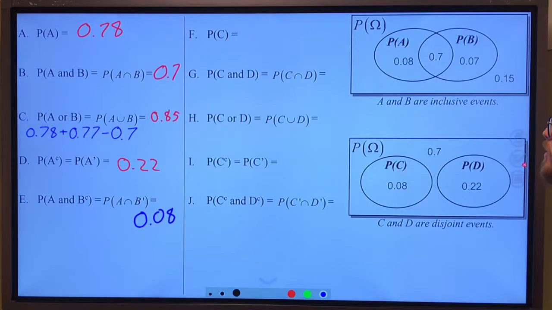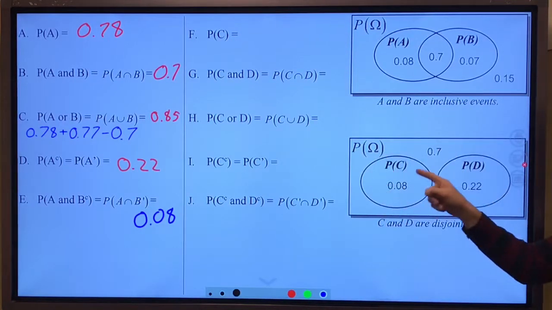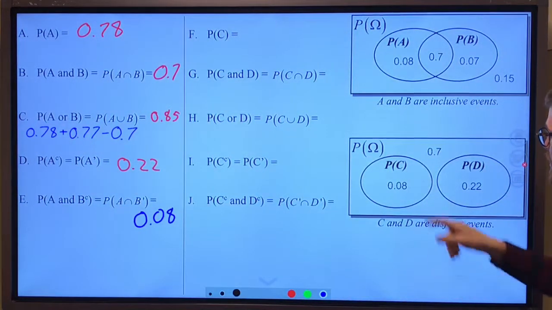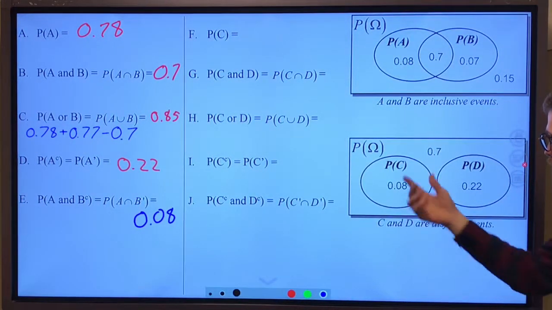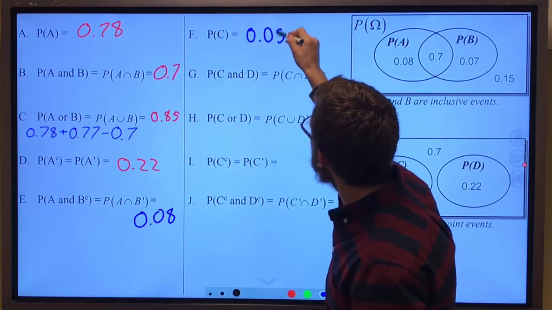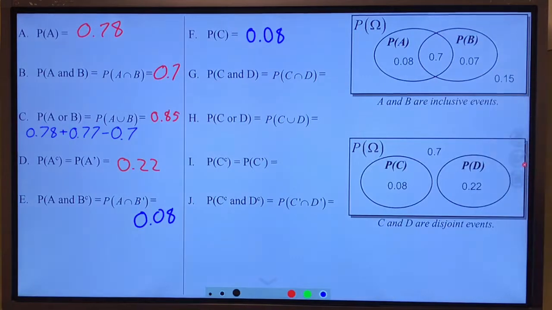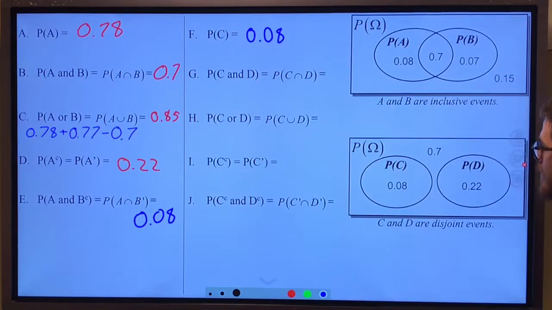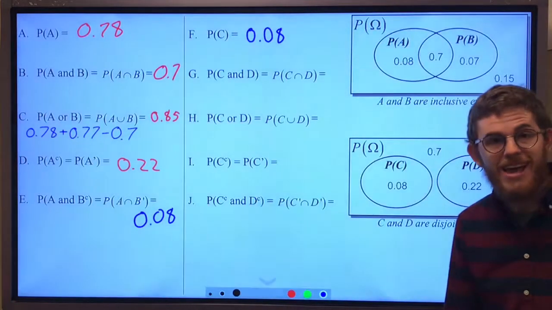Moving on to this next set, the probability of getting C. Well, to be clear, we're referring to this event down here, part of our disjoint set. Probability of getting C, well, look at the C bubble, it's 0.08. It's that simple. Next, the probability of getting C and D. We want both C and D to be true.